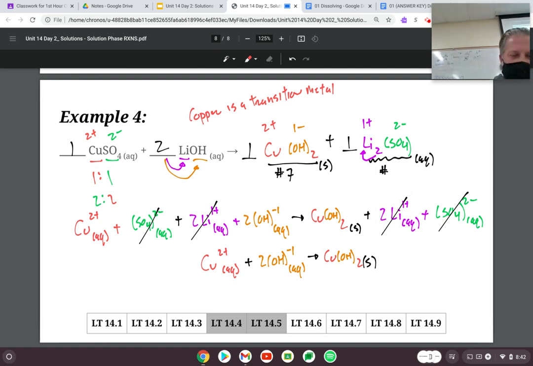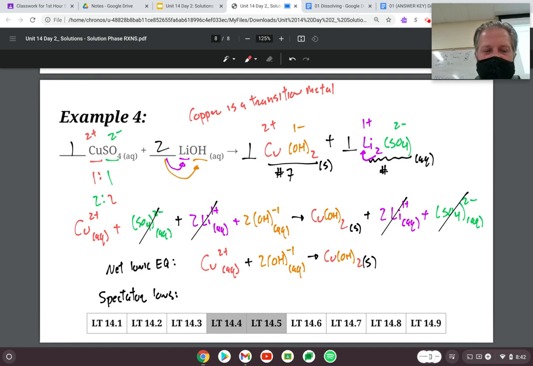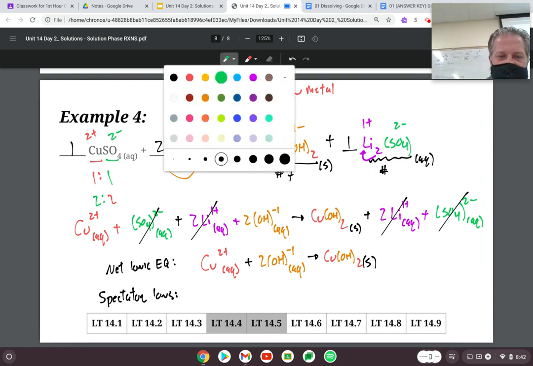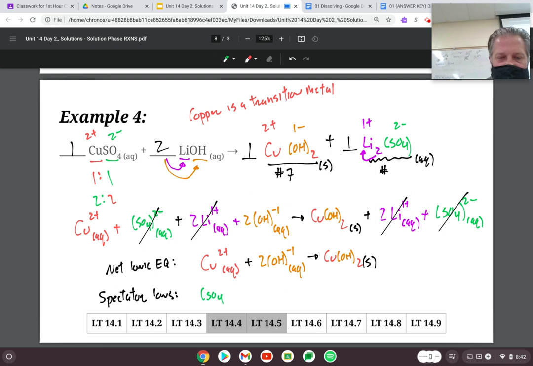So this is my net ionic equation. And my spectator ions are the ions that I crossed out. And so I need to simply just identify them, and those would be sulfate and lithium.